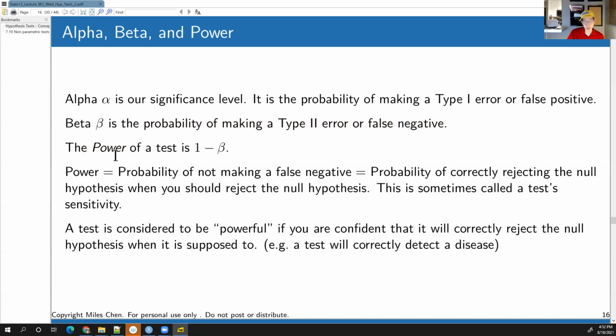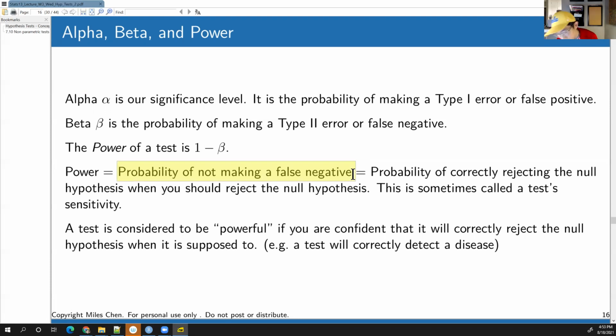The power of a test, okay? There's a term called power that is known as 1 minus beta, right? The power is 1 minus the probability of making a type 2 error. So power would be equal to the probability of not making a false negative. This sounds really strange. What's the probability of not making a false negative?